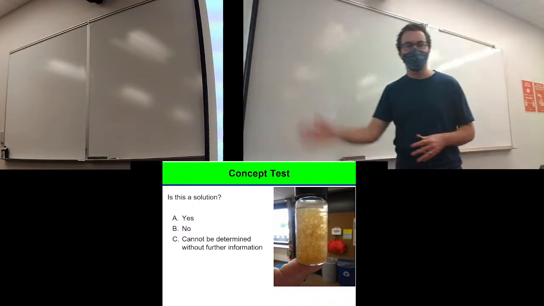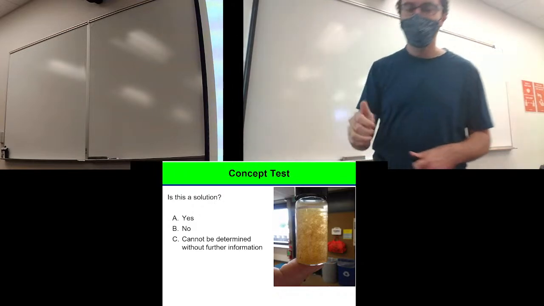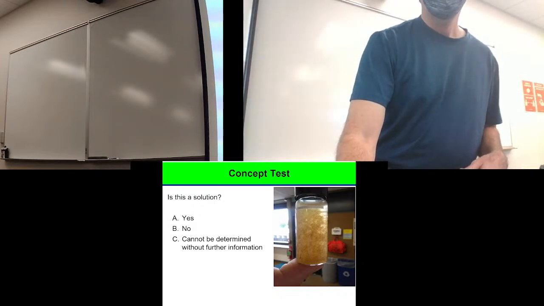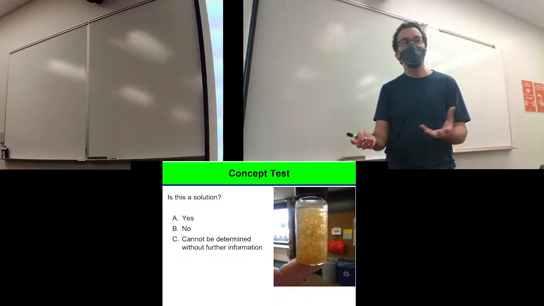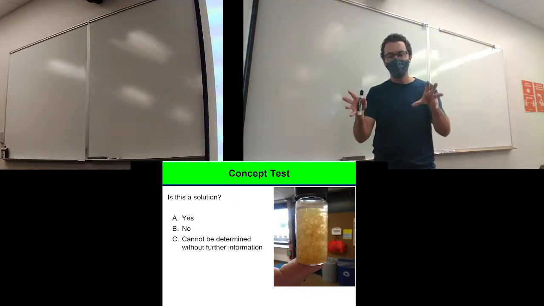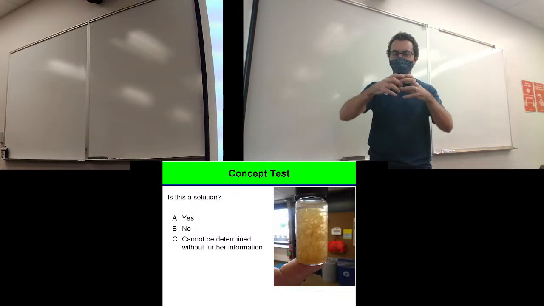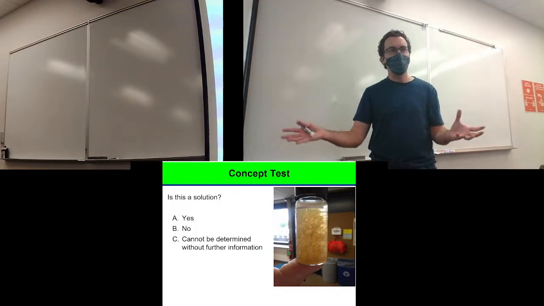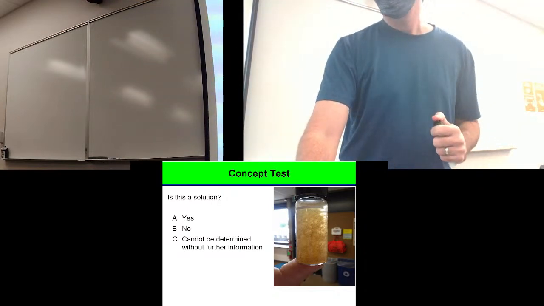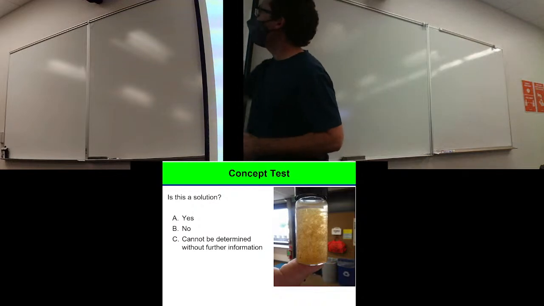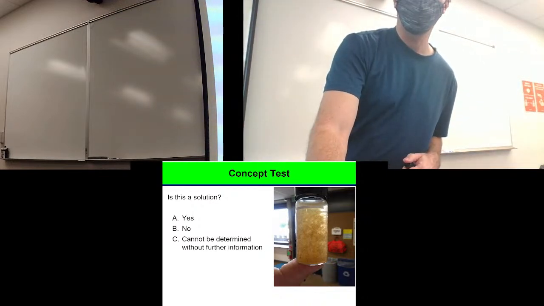That is heterogeneous, so that's not a solution. A solution has to be homogeneous. At the particle level, what does it mean to be homogeneous? It means that the solute is equally distributed throughout the solvent. So these are clumps of whatever the solid is, not equally distributed.